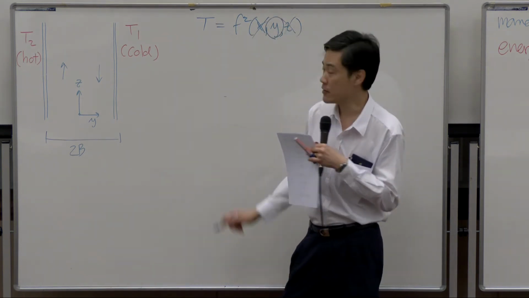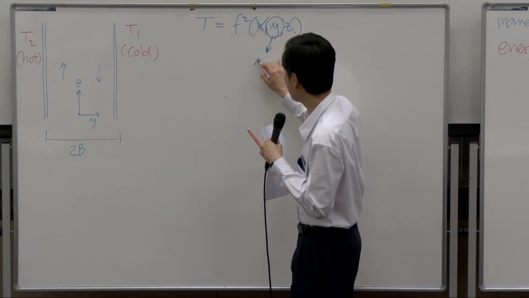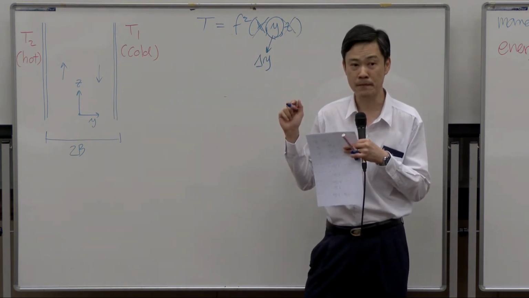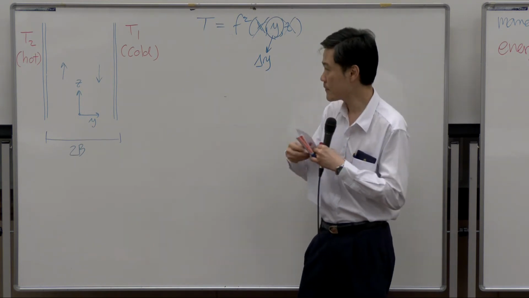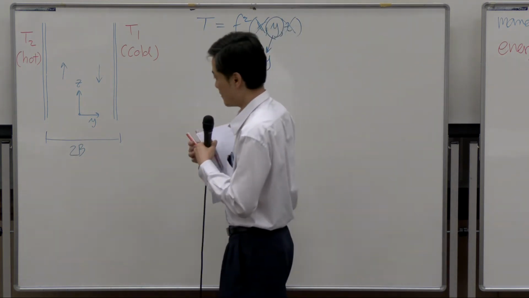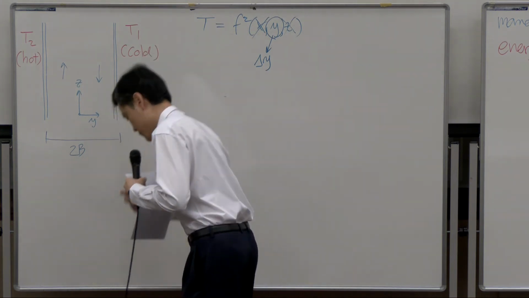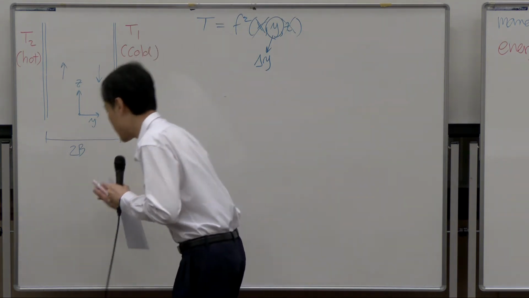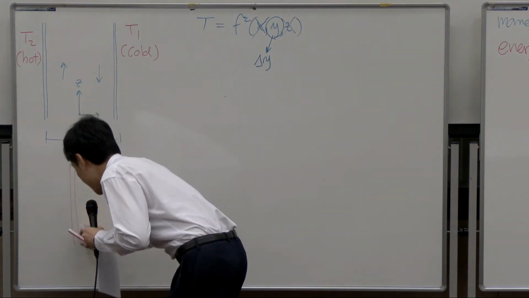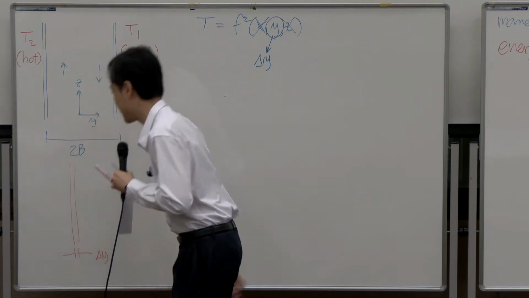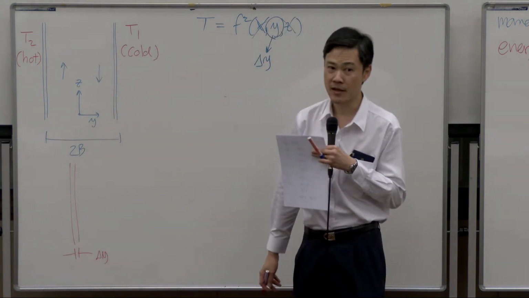Under this assumption, your shell is supposed to be thin in the y direction. Okay? So that means my energy balance or energy shell is supposed to look like this, with the thickness of delta y. That's the energy shell.